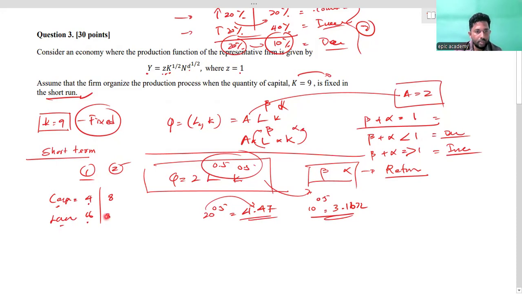Labor becomes double, it will be 32. Then using those values, you put them in here. ND means the demand for labor, I mean L. K means capital. Put in those values, and definitely the Y value must also be double. It is something like that.